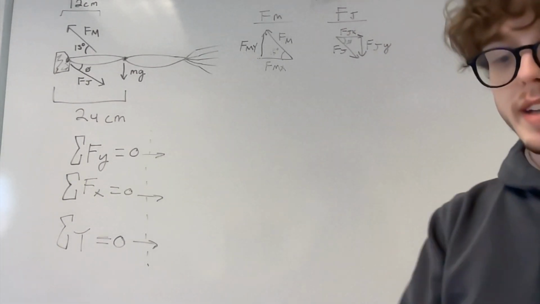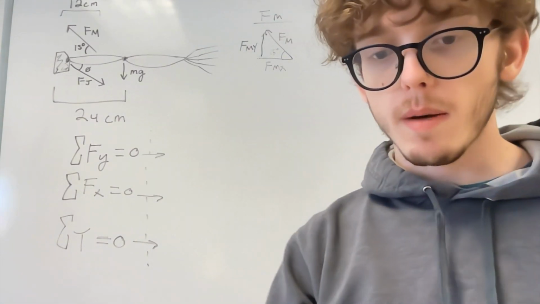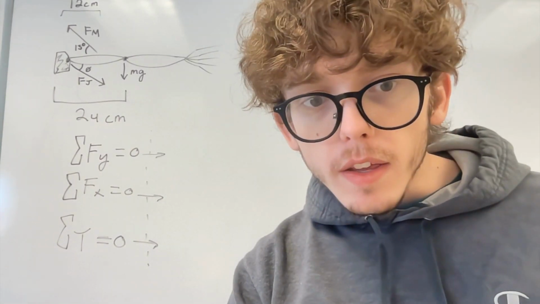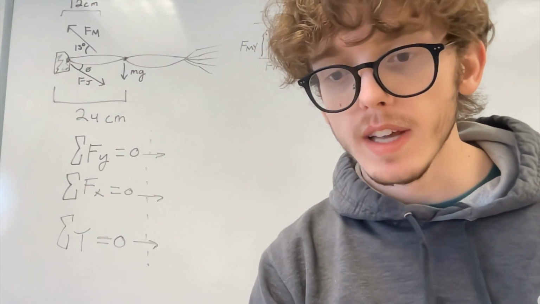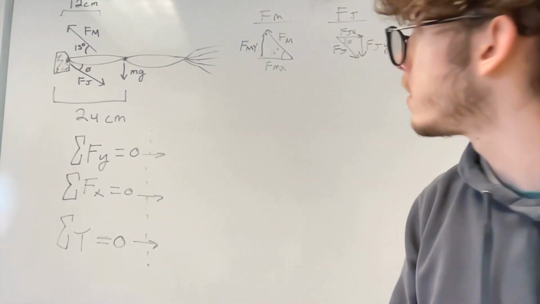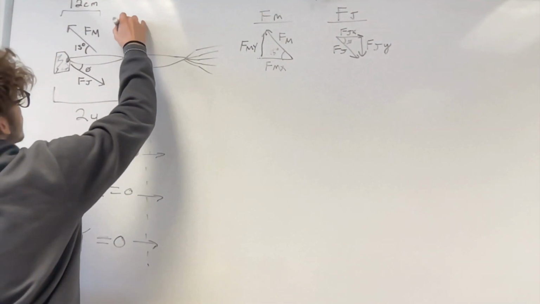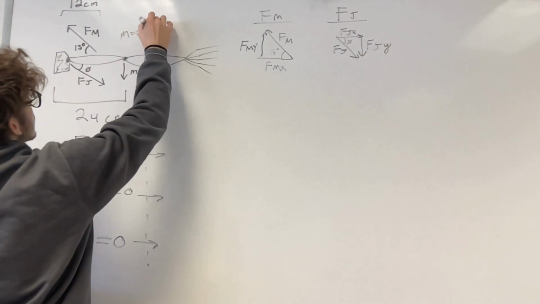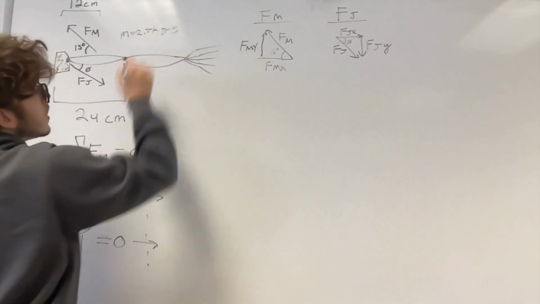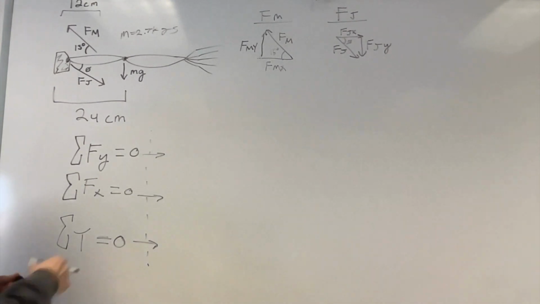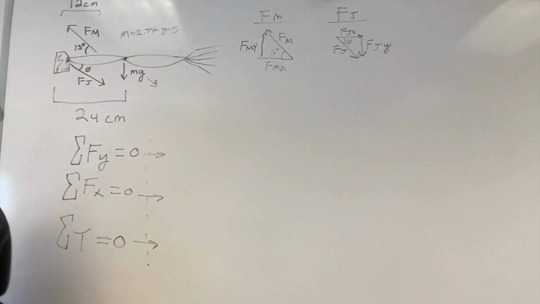Let's actually find that. We're given in the problem here the mass to be 2.75 kilograms. So mass equals 2.7 kgs. So let's first find mg here, just to make our lives a little easier. Let me grab a calculator. So we know gravity at the surface of the Earth is 9.8 meters per second squared, times 2.7.